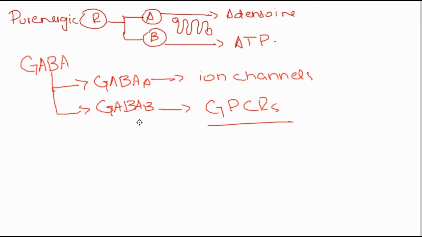Now the very next class is thyroid stimulating hormone. They act on receptors which are also G protein coupled receptors, on the thyroid gland.